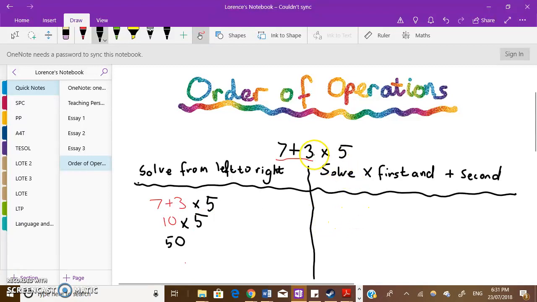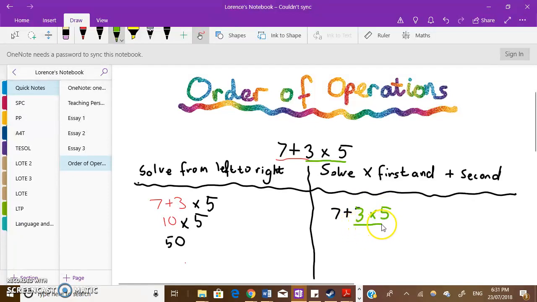Let's take a look at if we were to solve it the other way. If we were to solve it going 3 times 5 first. So, if we were to do it that way, what we'd do is we'd go 7 plus, and I'll change color, 3 times 5. Okay?